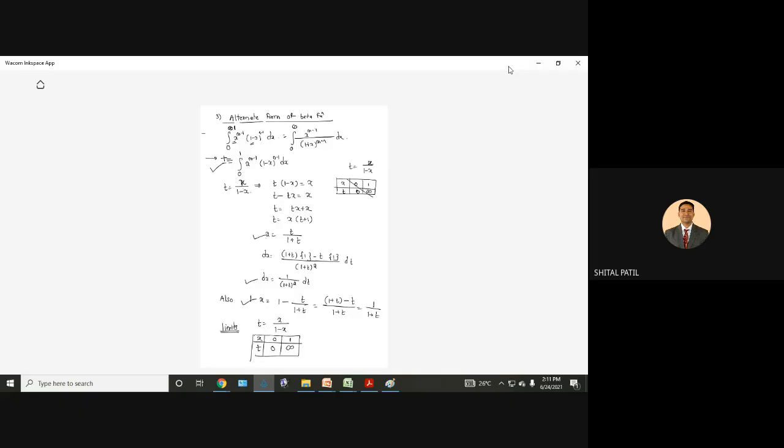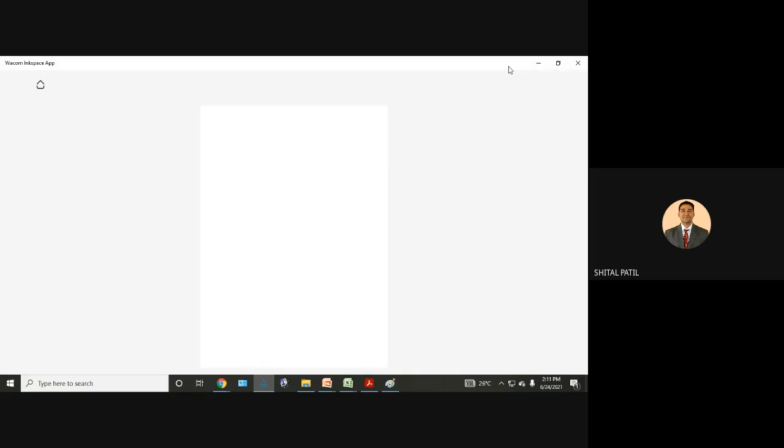Let me change the page. Check what x is: t divided by 1 plus t. See what 1 minus x is: 1 upon 1 plus t.